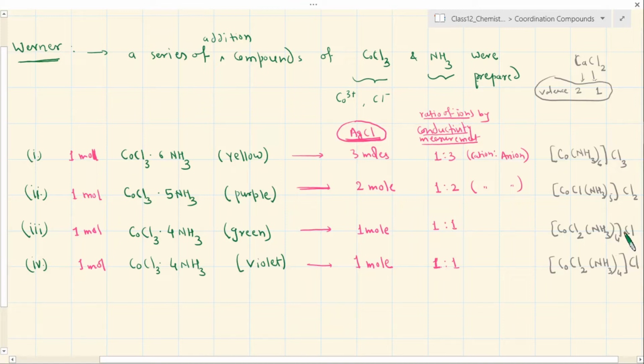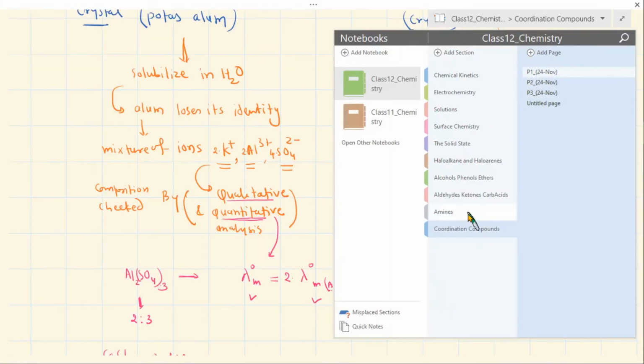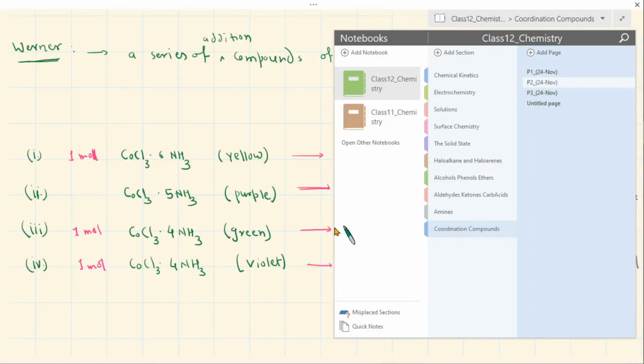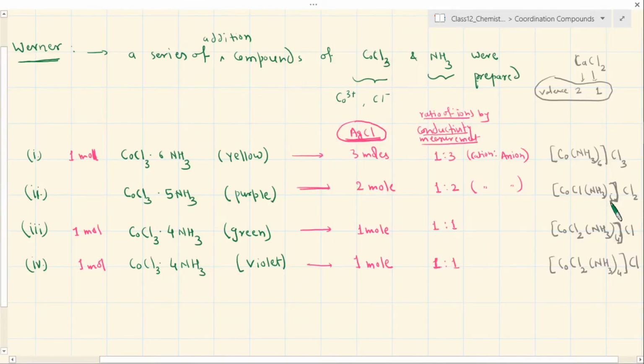Please see, in all these compounds we are representing 2 types of entities, only one cationic entity and one anionic entity. Everything that is represented inside the bracket is one big cation. Just like in the previous case we were referring to the formation of this one, Ag(CN)2 as one negative ion. This entity can be negative or positive, it doesn't matter, but then you have one counter ion which is a simple ion, the chloride ion, represented as an outer negative ion here.